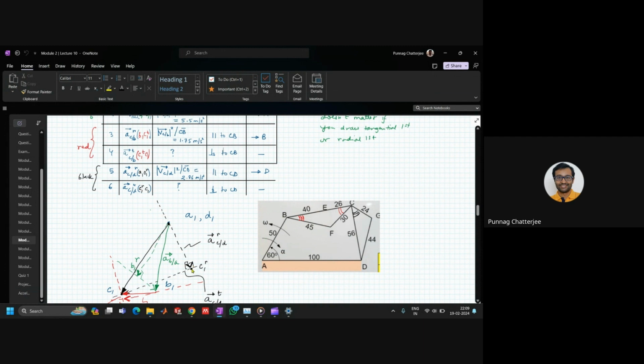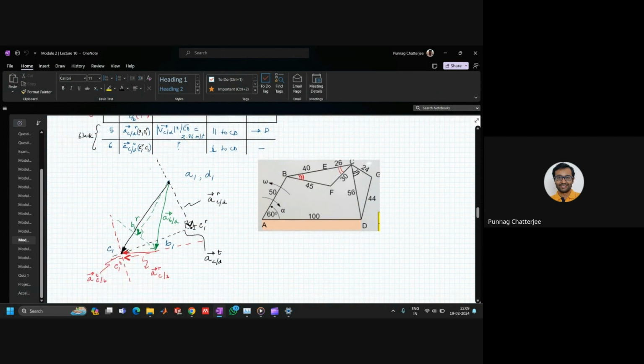This is the acceleration of C with respect to D, the radial component, and we draw this dotted black line perpendicular to this component. We don't know on which side it will lie, but fortunately the tangential component of this black vector and the tangential component of this red vector will intersect somewhere. That is the point C.